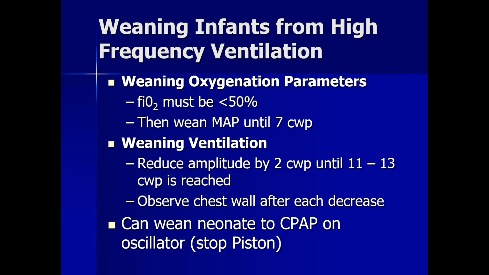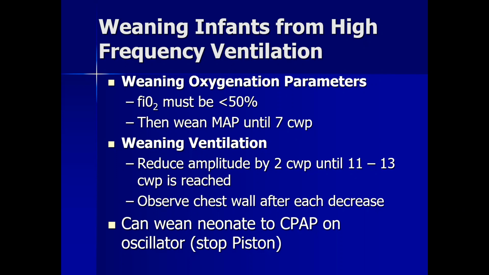So how do you wean an infant from high frequency ventilation? Once the FiO2 is less than 50%, you wean the mean. And that's it. You don't wean the hertz. What are some of the other settings we don't change?